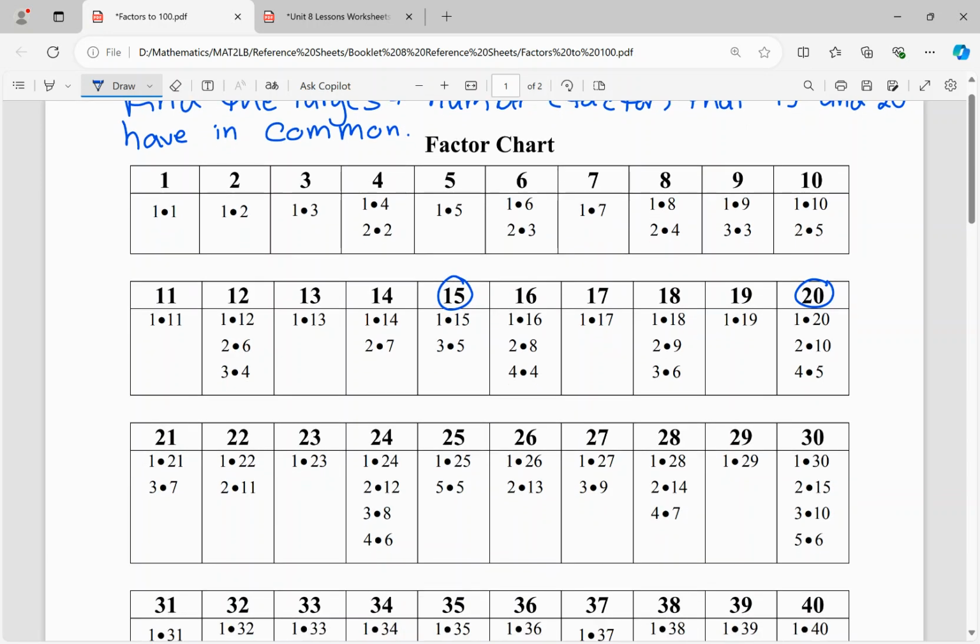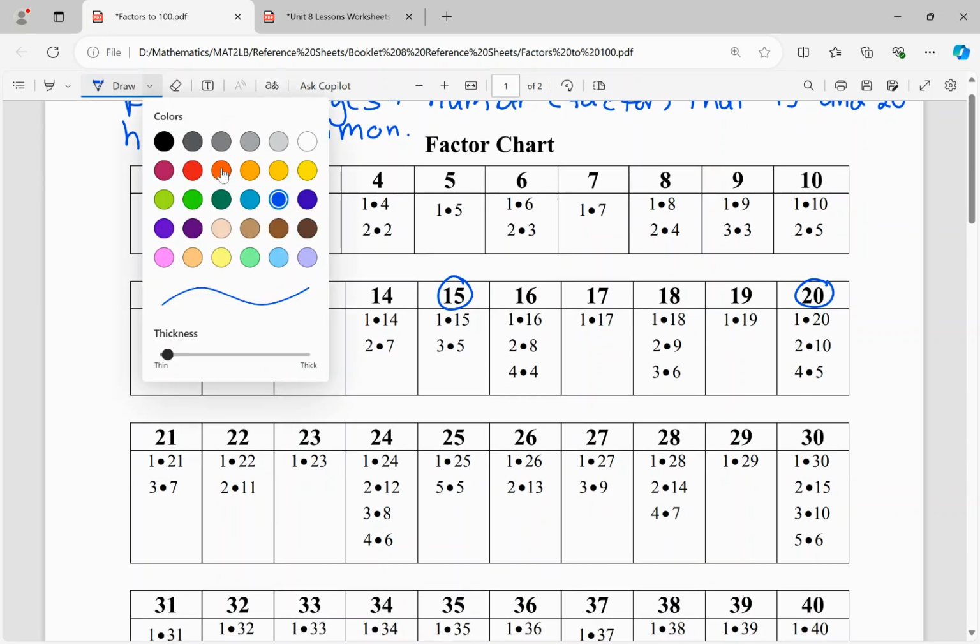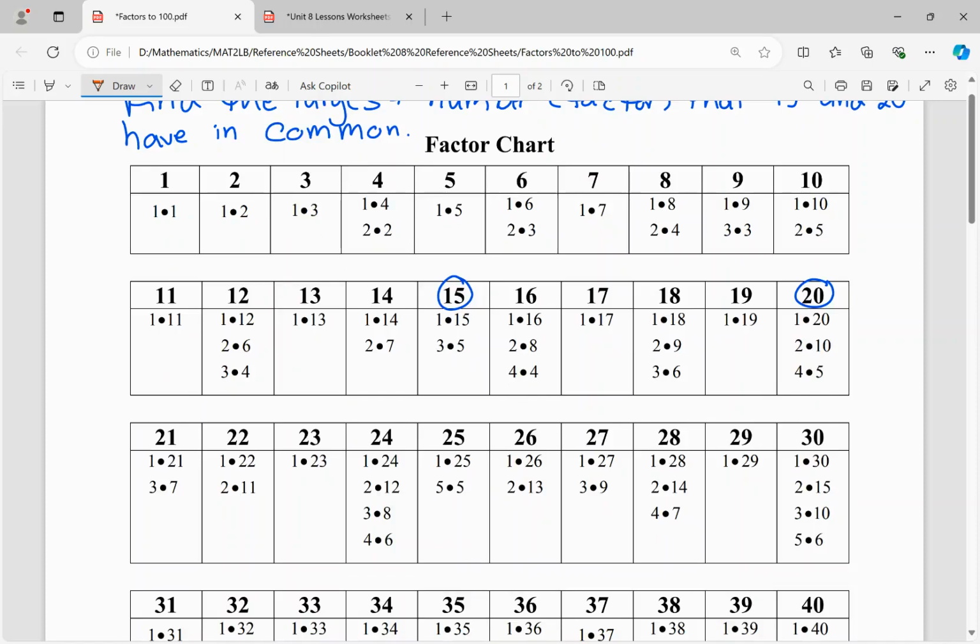So let's take a look. There are a couple things that 15 and 20 have in common. They both have a 1 and they both have a 5. Right? I think those are the only numbers that they have in common. Now, we only care about the largest one, which is 5.